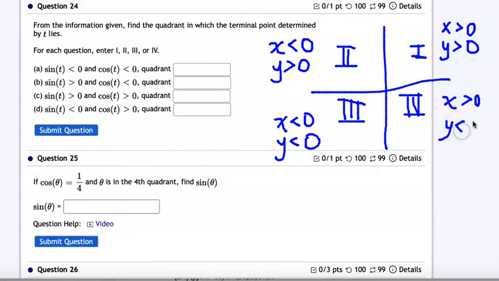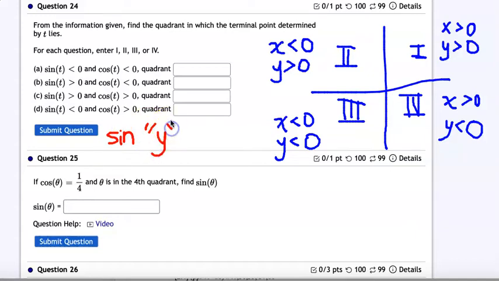What does this have to do with sine and cosine? Sine and cosine will mimic the x and the y. So wherever you see sine, you're going to think, sine is going to be the same thing as y.